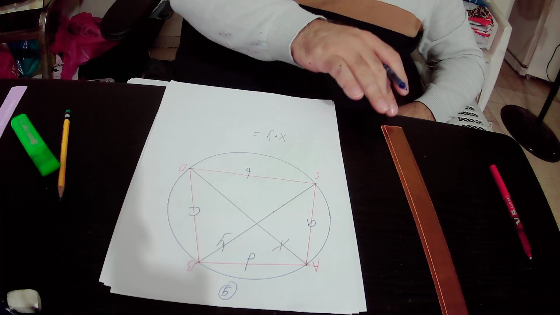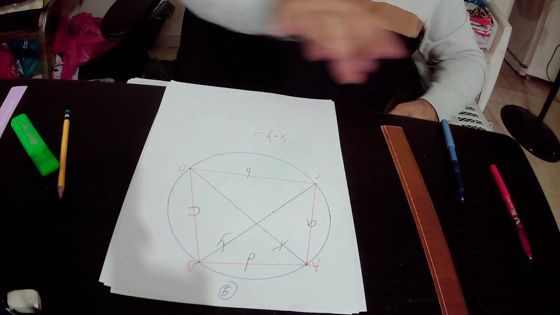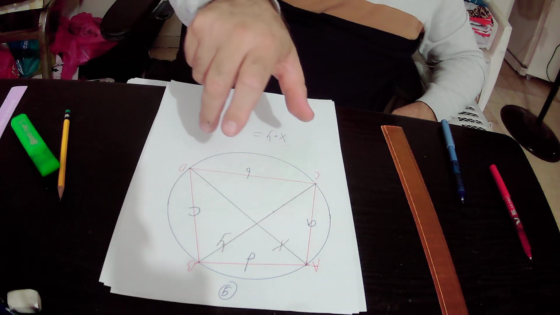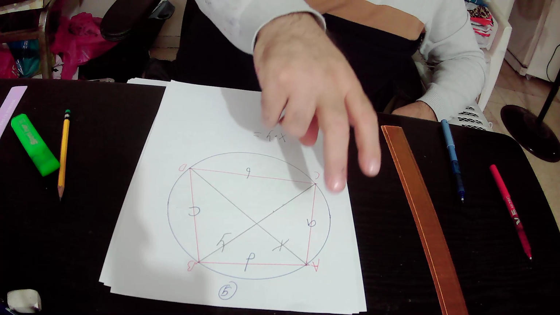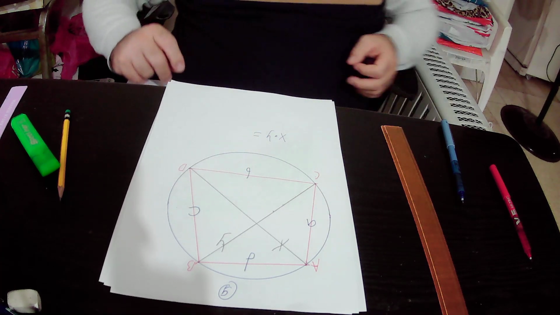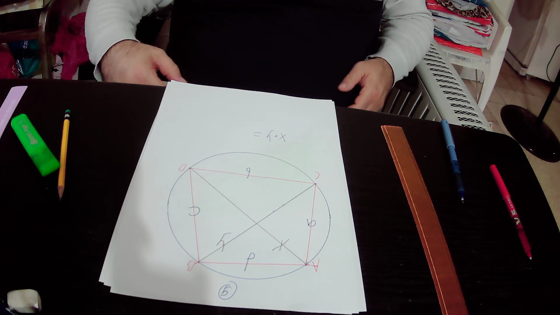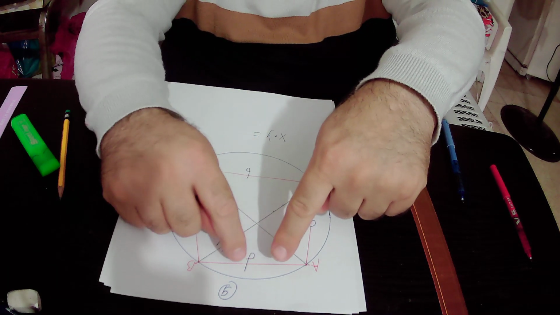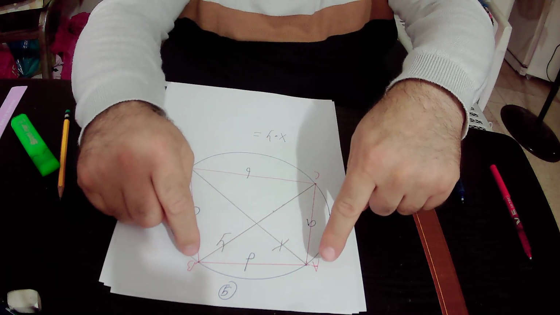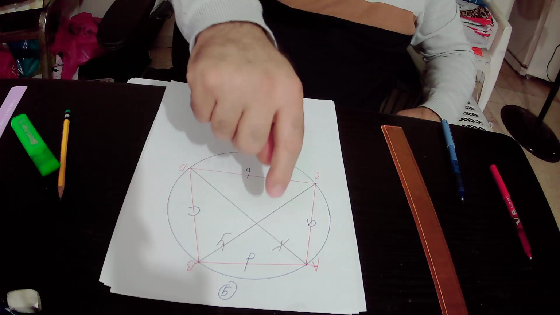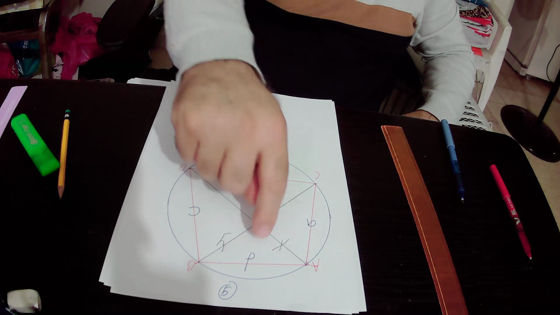Quadrilateral ABCD has two pairs of opposite sides. Side AB is opposite to side CD, and side AC is opposite to side BD. The first product of its opposite sides is the size of AB times the size of CD. That is to say B times D.